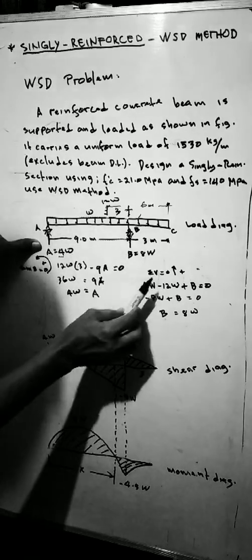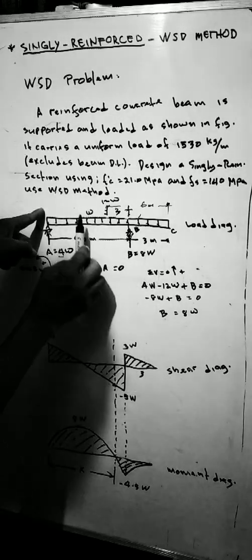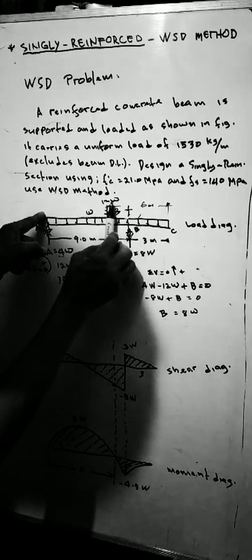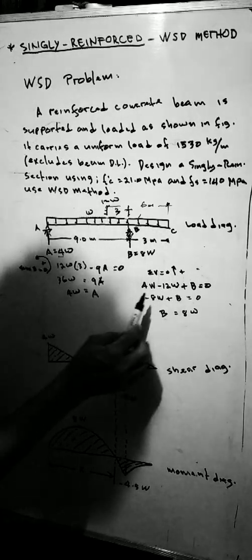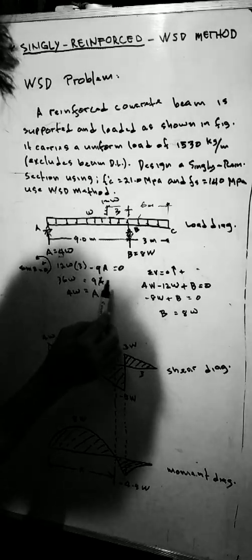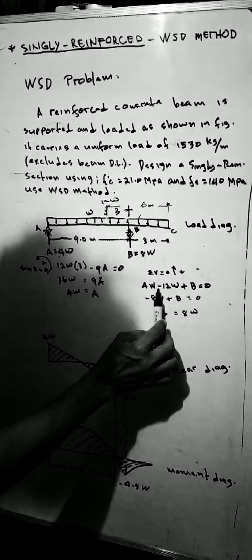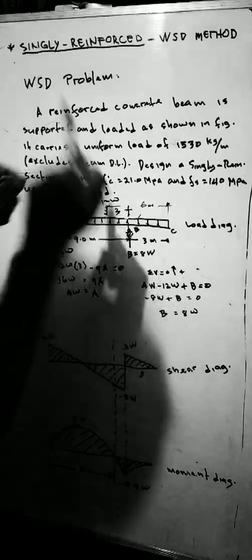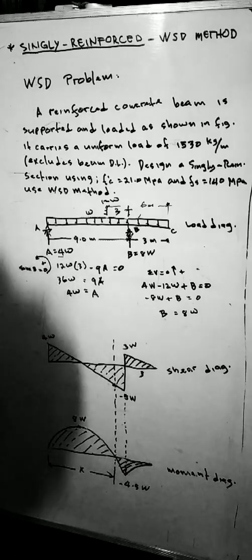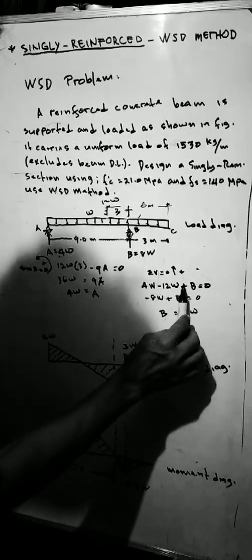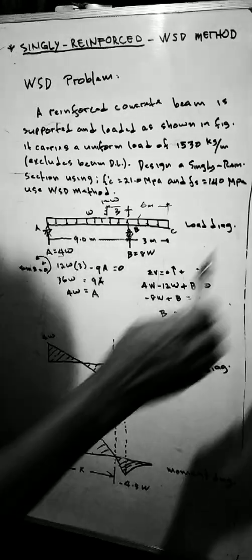The concentrated load of 12W is going down, so negative, minus 12W. And the B is going up, positive, so equals 0.